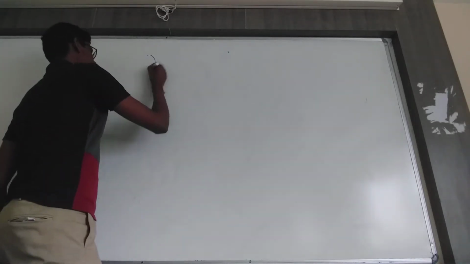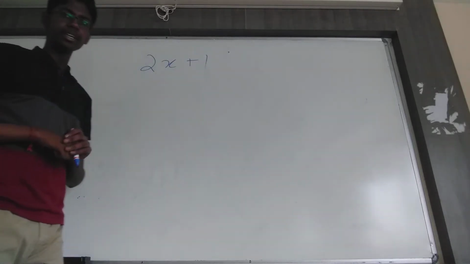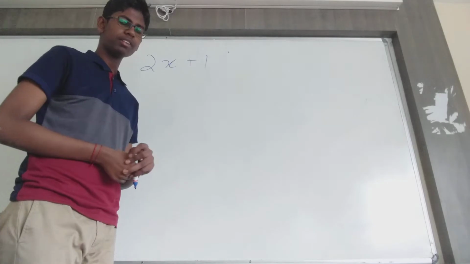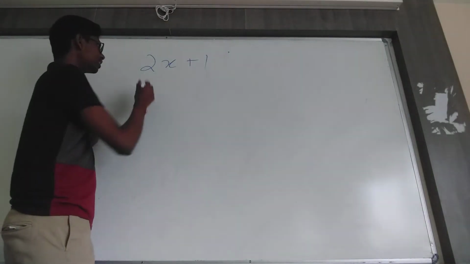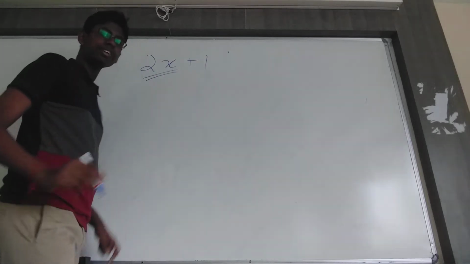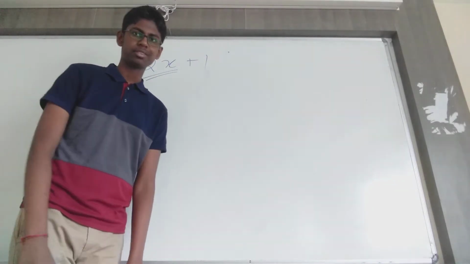The difference between two consecutive squares being 2x plus 1, this should seem kind of familiar, not just because it's the formula for generating odd numbers, but also because 2x here is the derivative of x squared itself.